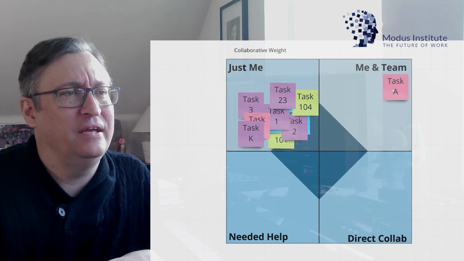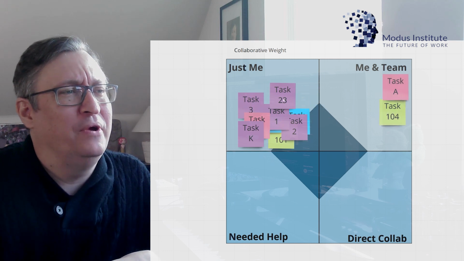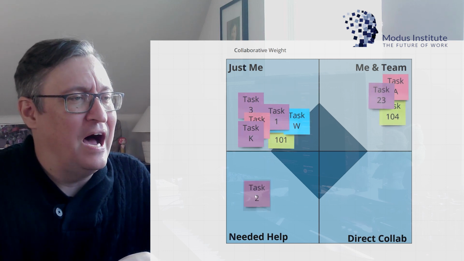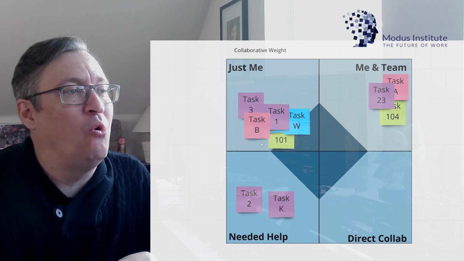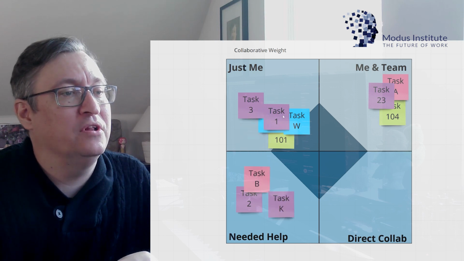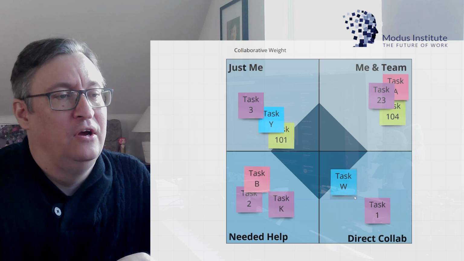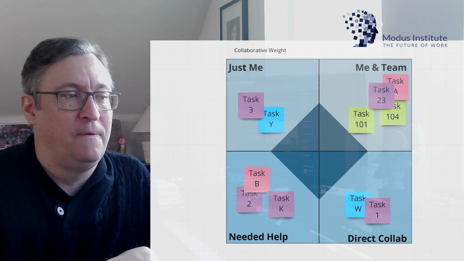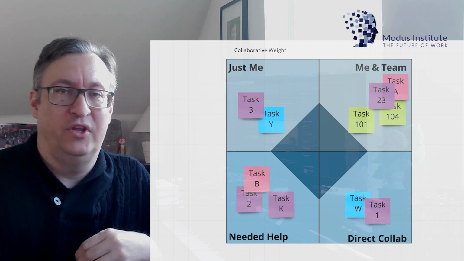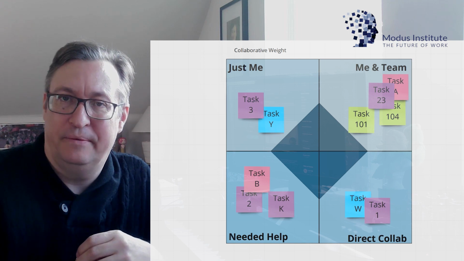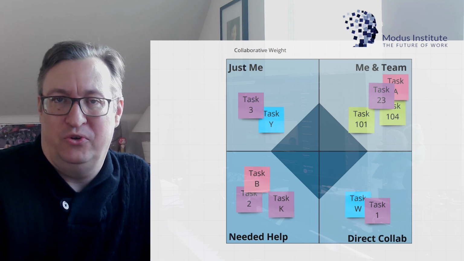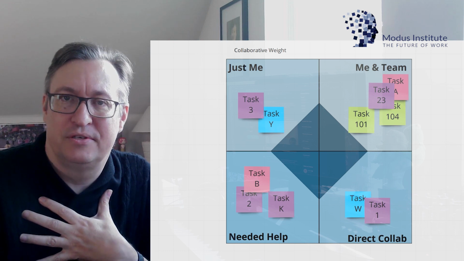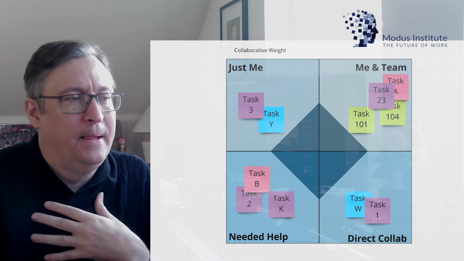But in reality, that's crap. We work a lot and almost always with other people. And when we really start to think about it, we end up with our work looking much more like this than we would ever care to admit. We rarely do tasks where it's just us, right?